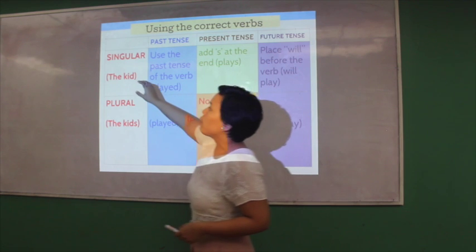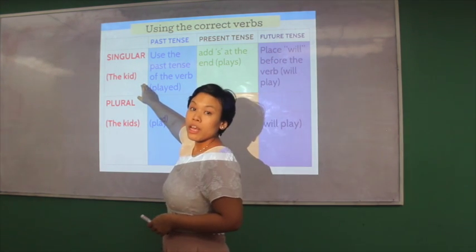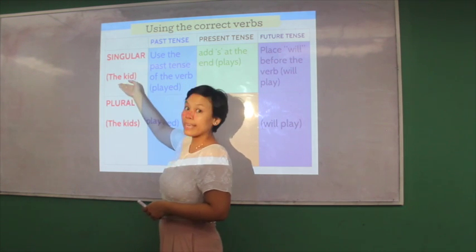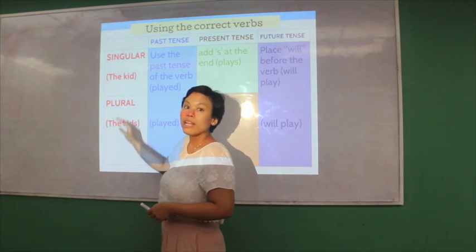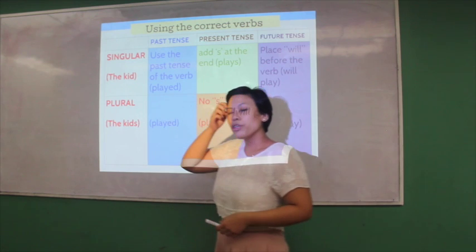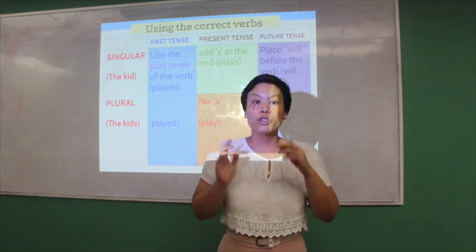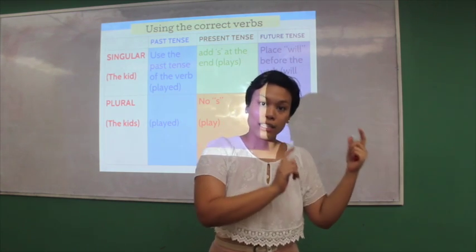For every noun that you use, your noun will either be singular, like kid, or plural, like kids. So you have to think about what verb to use to match that noun.